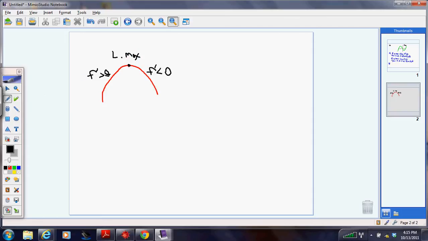And so, when we have the derivative, f prime, changing from positive to negative, we have a local max. Similarly, if we look at the graph of the function decreasing then increasing, like this, we're going to have a local minimum right here, because on this side, f prime is less than 0, f is decreasing, and on this side, f prime is greater than 0, f is increasing.